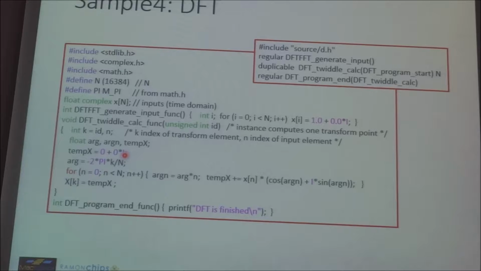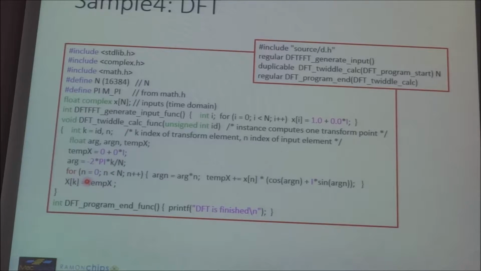So capital I is a preserved constant. And the argument is minus 2 pi times k divided by n, and we still have to multiply it by n. So it's not multiplied by n again.